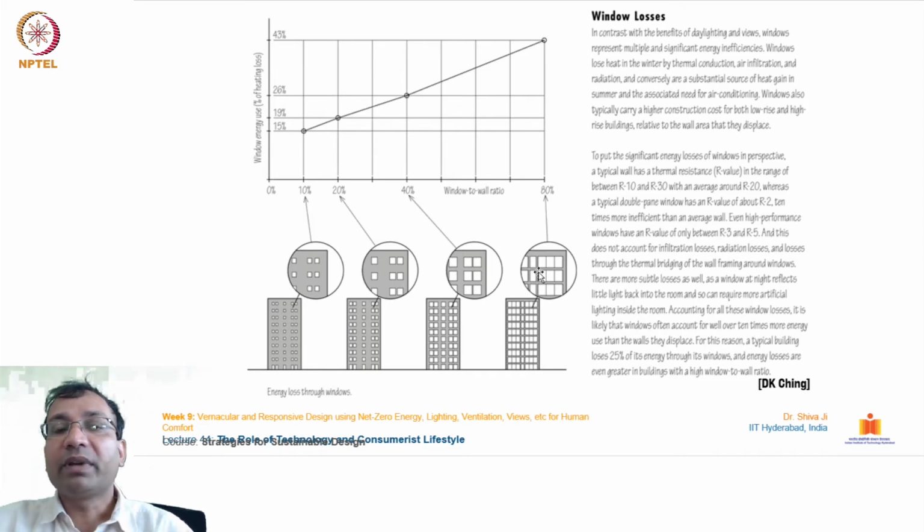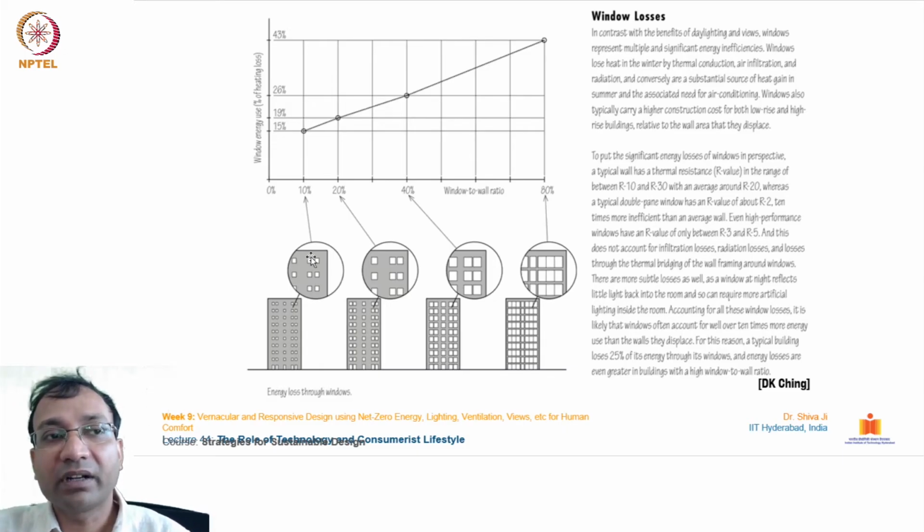Here the window panes are huge, the number of panes is more, and the sizes are relatively larger. In this one, the window openings are much smaller. From the window energy usage, it increases from 15% to 43%. So the more the opening area, the more the heating loss in this range. This is quite evident from here.